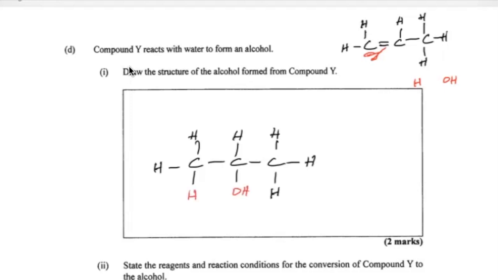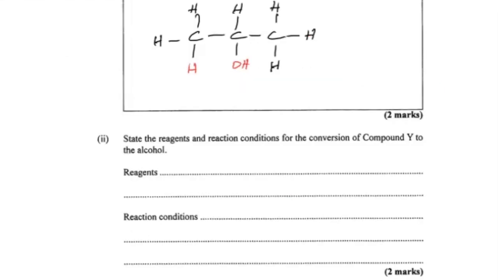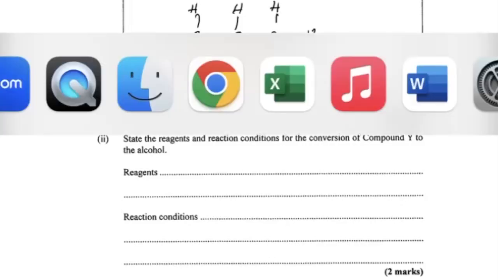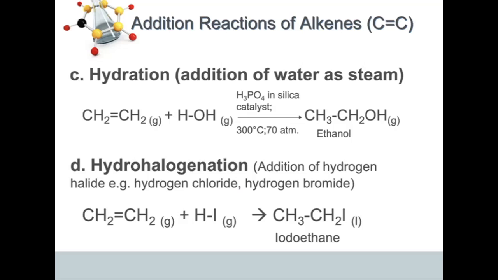And this would be the reagents and the conditions necessary. We looked at that a little earlier. Let me see if I can pop it back up. Hydration. We can add water in the form of steam to our alkene. We would need phosphoric acid catalyst, 300 degrees Celsius and 70 atmospheres.